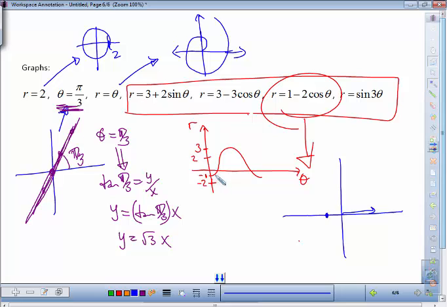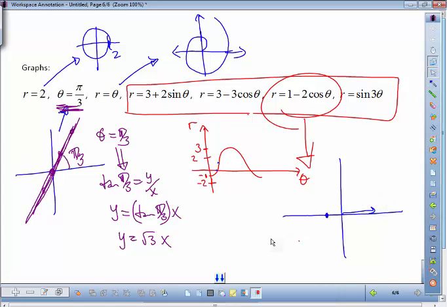And then at pi over 2, it looks like I'm going to go from negative to positive. All right? So as this is turning, let me make this into a line. Make it longer.